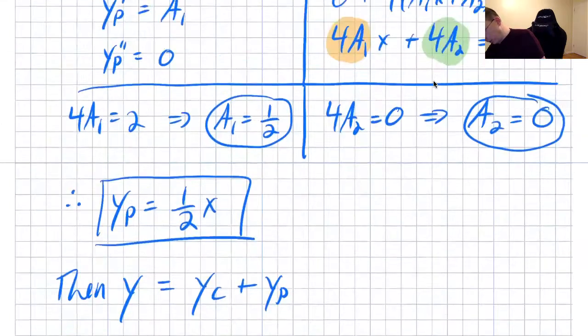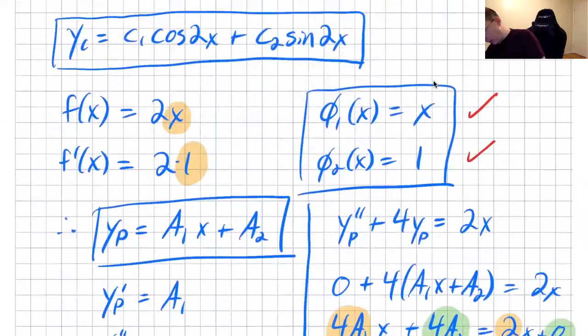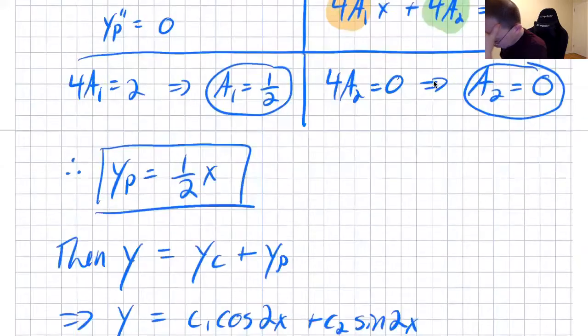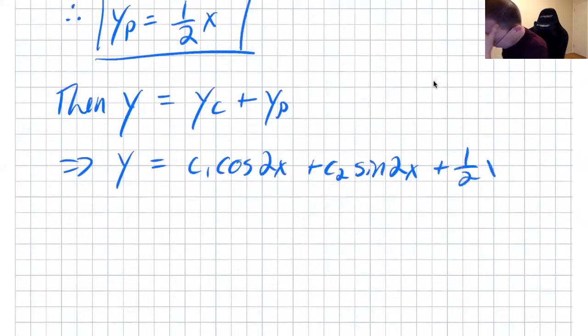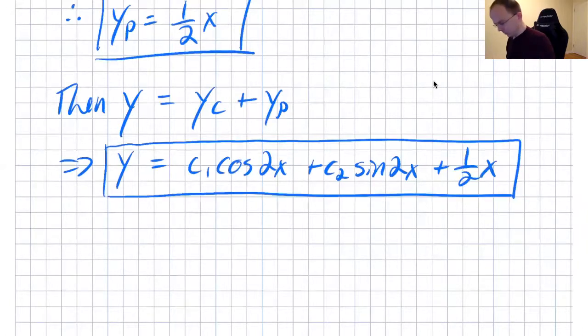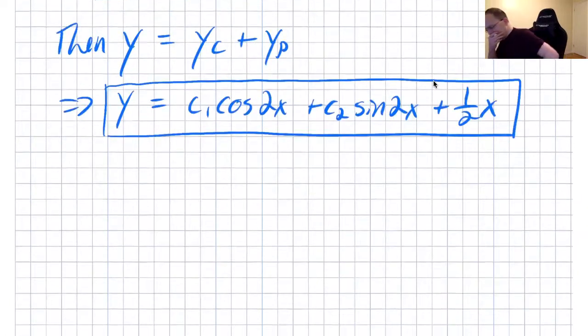Yeah. And then plus 1/2 x. Okay. There's our general solution. And now we can determine the values of C1 and C2 that satisfy our initial conditions.